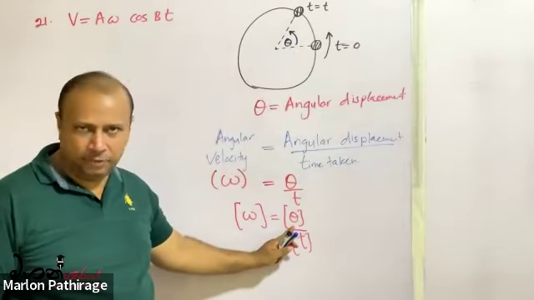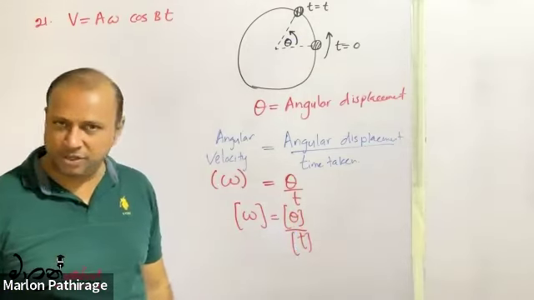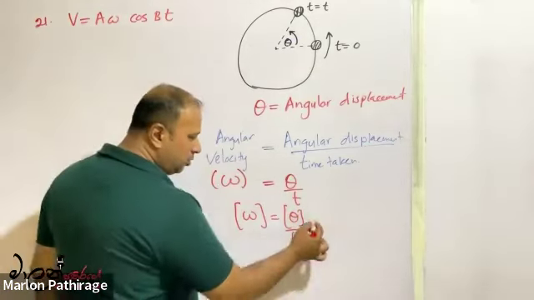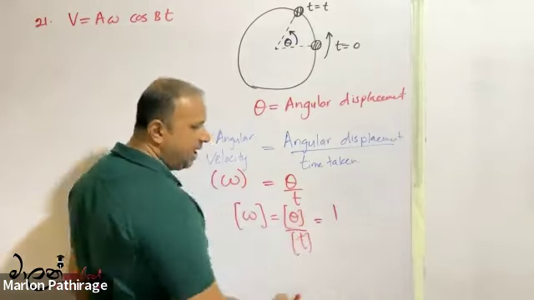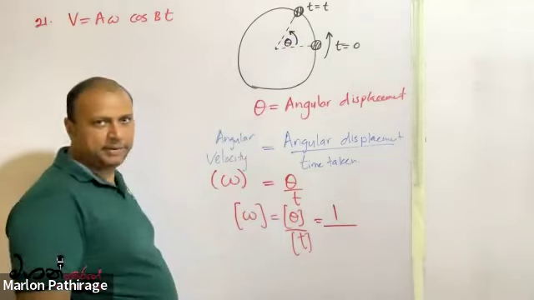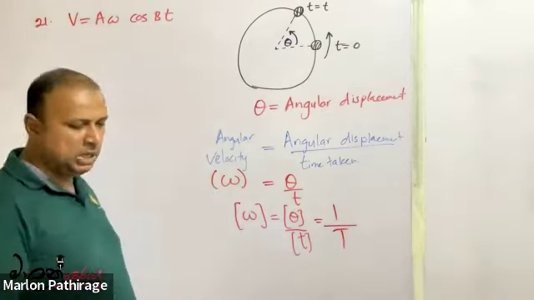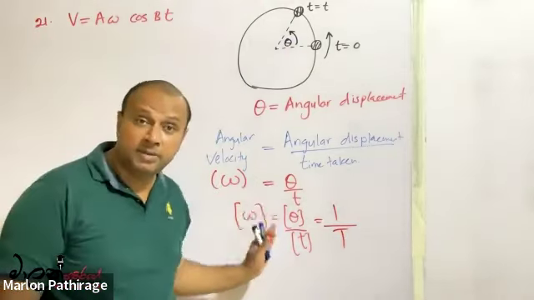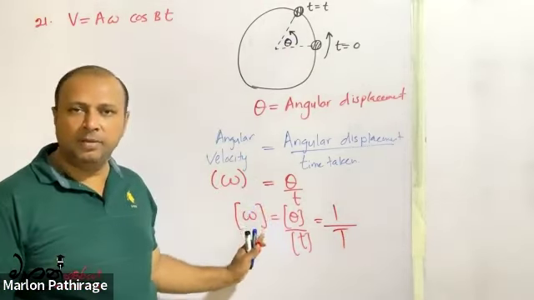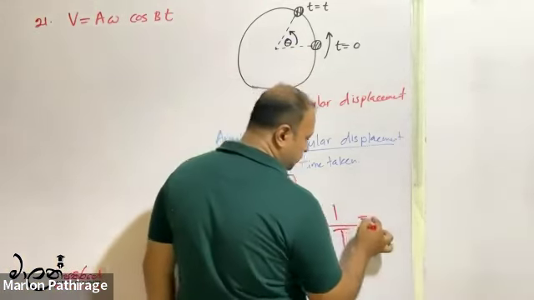Therefore, theta means angle. Therefore, dimension of theta is equal to 1. It has no dimension. And time taken is capital T. So, then the dimension of angular velocity is equal to T minus 1.